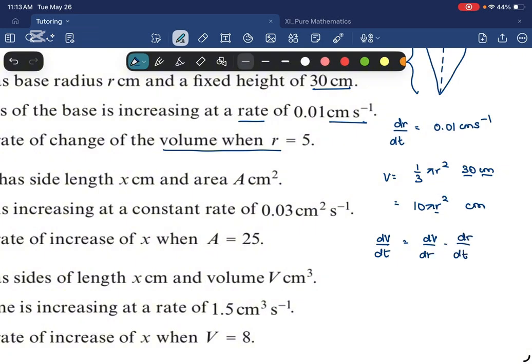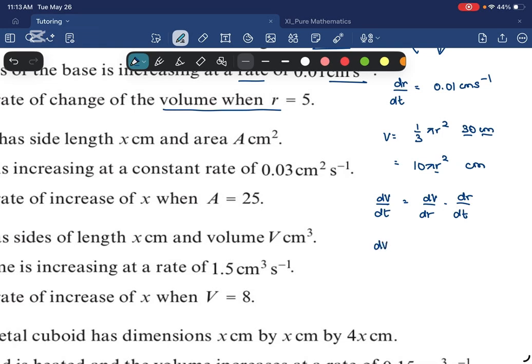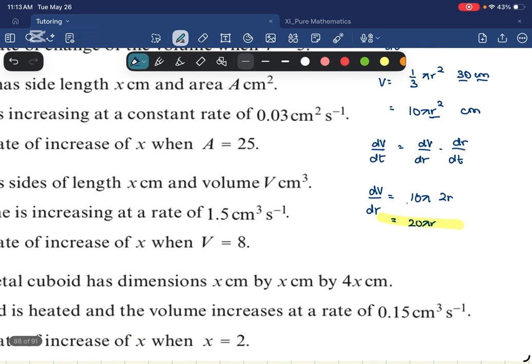So r is my independent variable. So let's find dV by dr first. So that is just going to be 10 pi. And you differentiate r squared with respect to r, you get 2r. So that is going to be 20 pi r. So now let's just substitute 20 pi r here. dV by dt is just 20 pi r. And what is dr by dt?